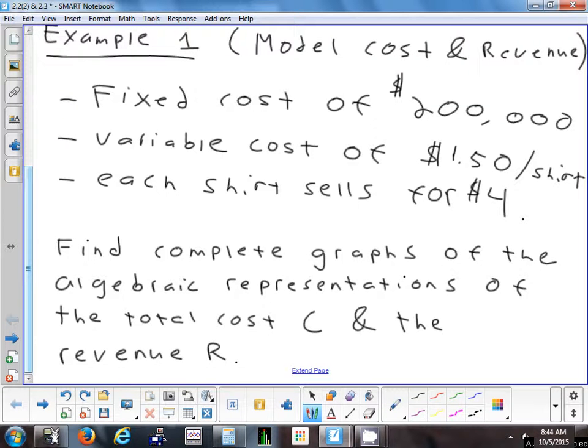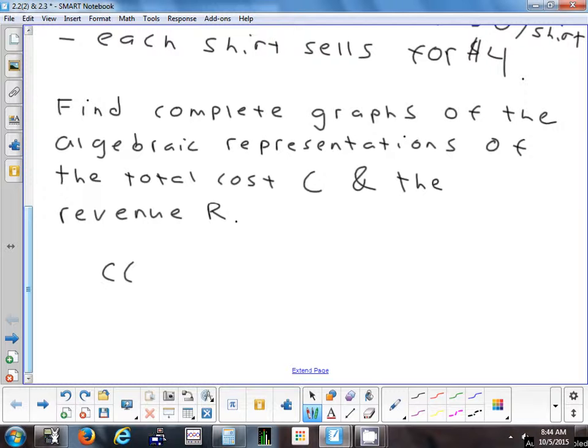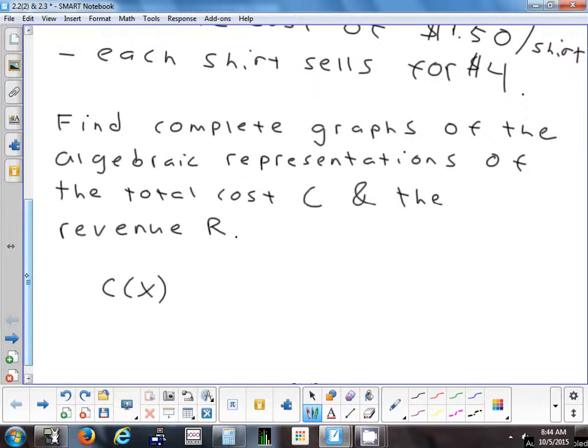All right, anyone think they could give me an equation for the cost? The fixed cost and the variable cost. So we're going to have a letter in there somewhere. We're just going to make sure we put it with the right number. Yep. 200,000 plus 1.5x. Sure. So x, I'm guessing you use that. That's the number of shirts they sell. Yep. So the cost is 1.5x.